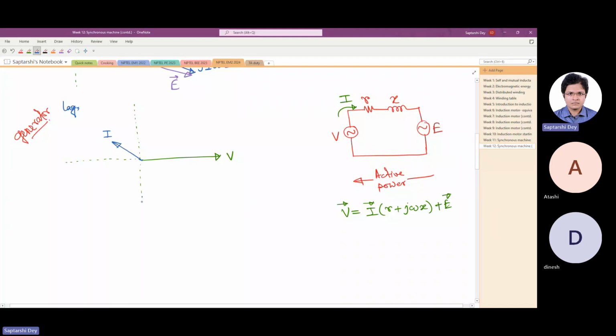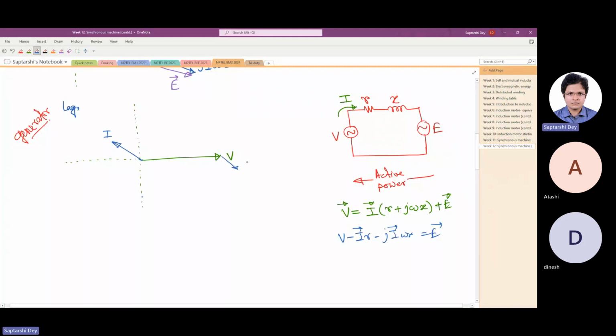Now if this is I, what we will do is V minus IR. This operation we will perform, and this will give us E. So if I is in this direction, then IR is in this direction.